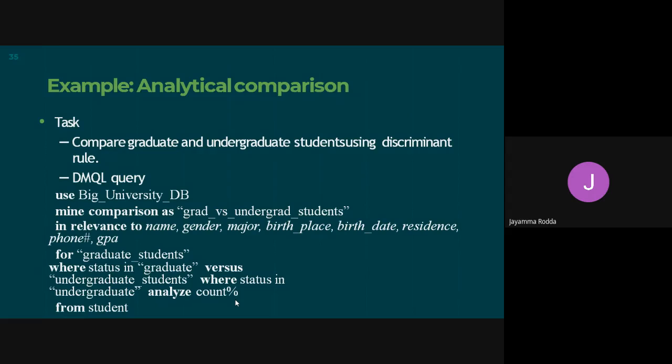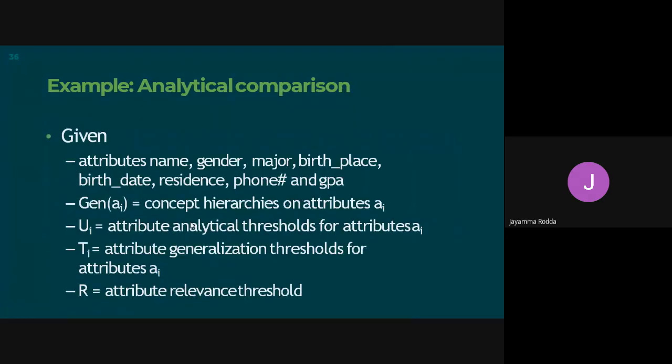So for graduation, science and business, number of students who are in science, number of students who are in business. Undergraduate students means number of students in undergraduate. Likewise, count percent is used. And from where are we retrieving this? From the student table. Okay, so this is the DML query to compare the graduate and undergraduate students.